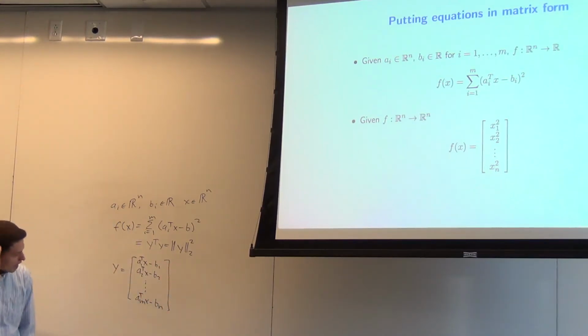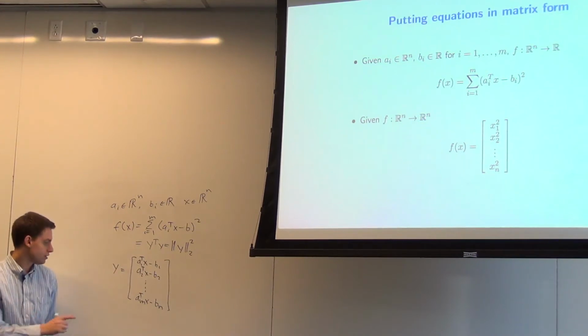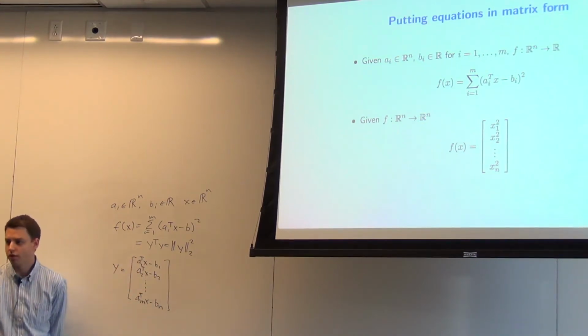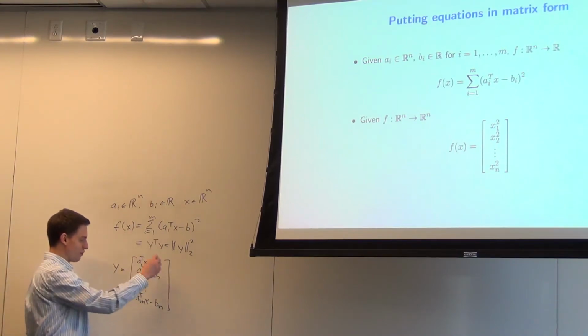So is there any guess about how you would define some matrices to write this a little bit more compactly? So this part here, right? You're subtracting this thing here.